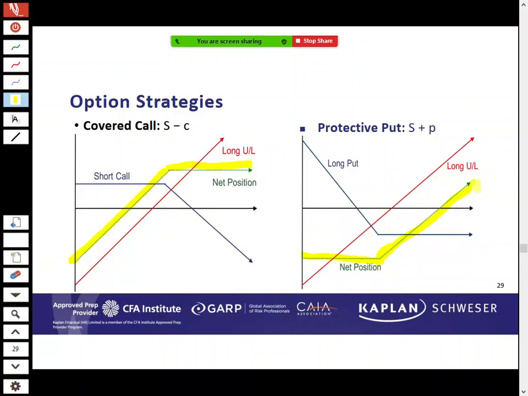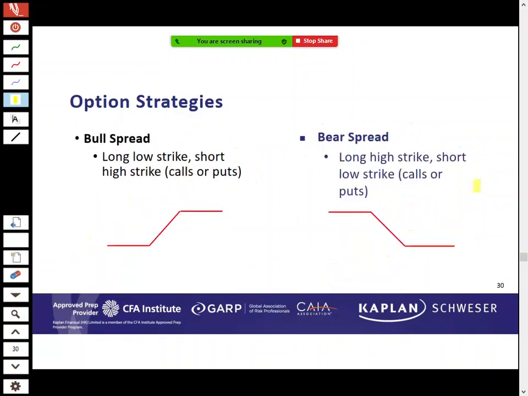And this is something that we're going to discuss in detail during the classroom. And some other, more technical strategies: it's not just one option. You can make use of more than one option with different strike prices. And here we have some examples.